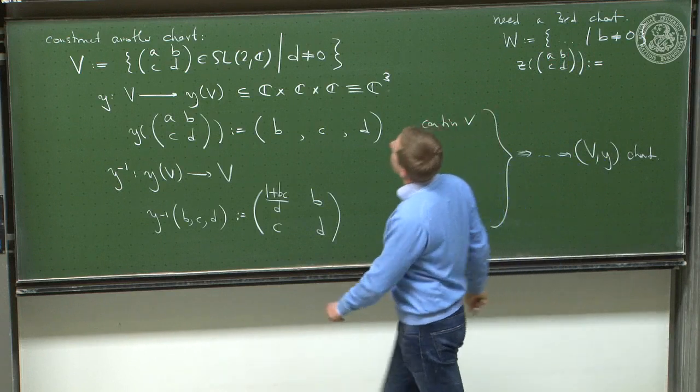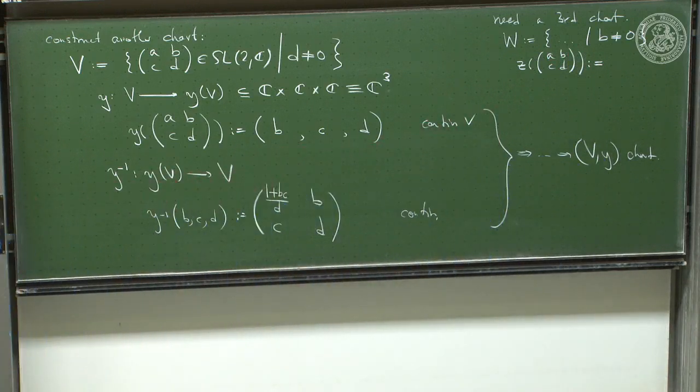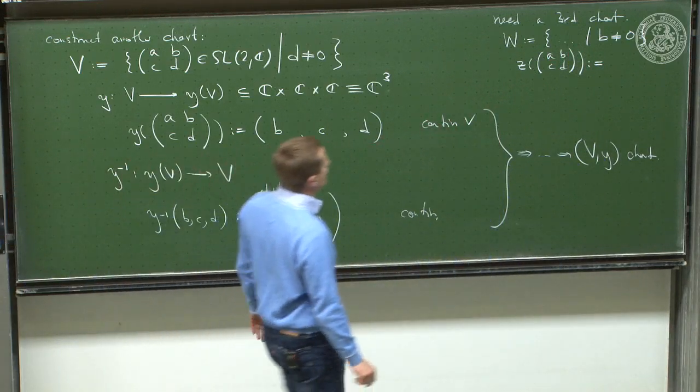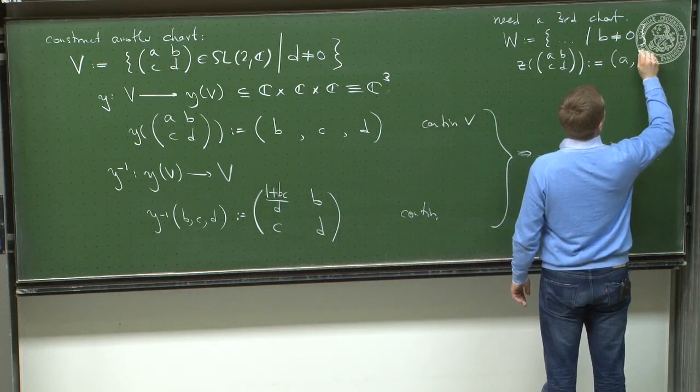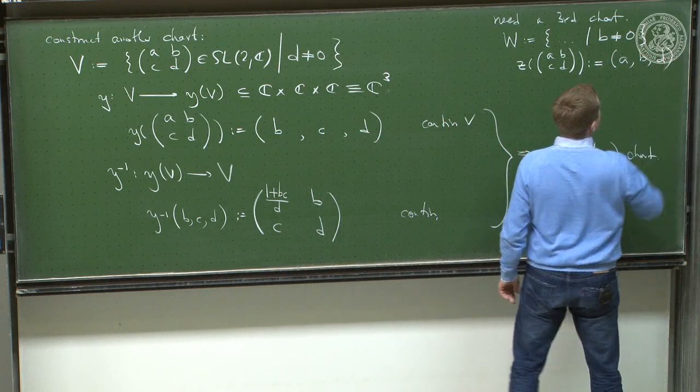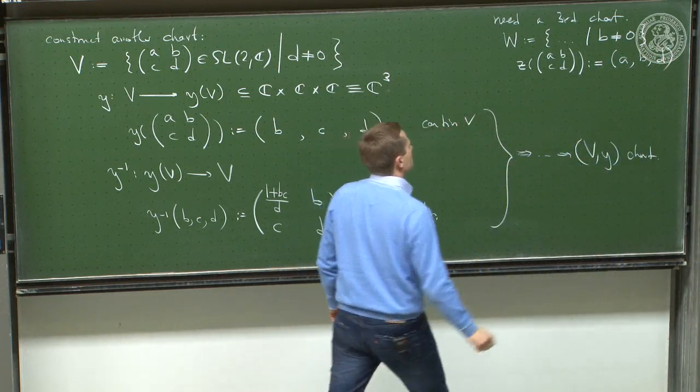If I have B non-zero, I can divide by the D, and then I can express the C. So I will have A, B, D as this map.